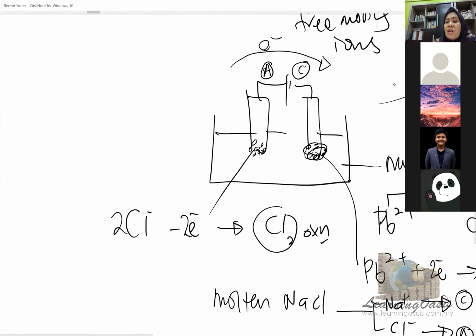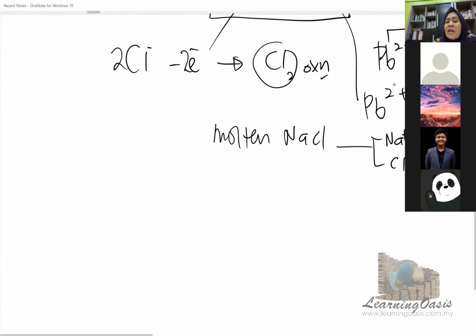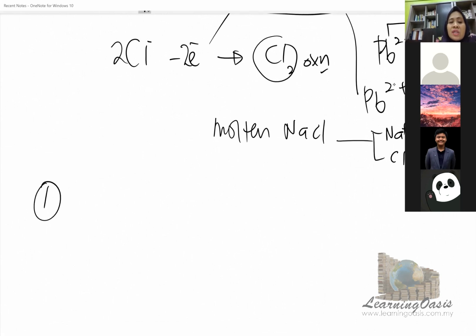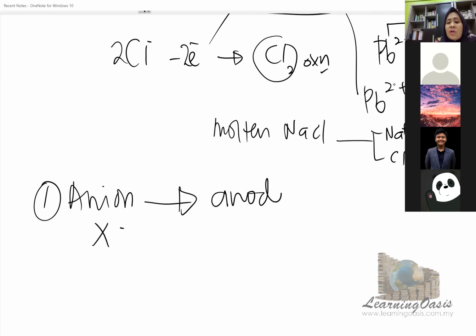What happened during electrolysis? You have anode. The anion will get attracted to the anode and then release electron, and this is oxidation, right? Now, what happened next?